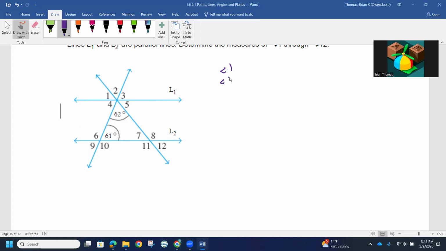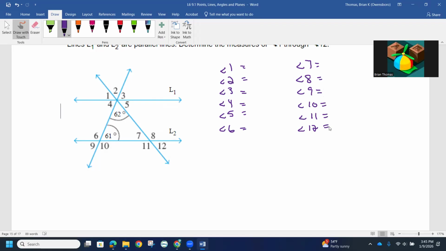Angle 1, angle 2, angle 3, angle 4, angle 5, angle 6 equals, and then angle 7, angle 8, angle 9, angle 10, angle 11, and angle 12. So they want us to find 12 missing angles. So a lot going on here in this one little problem.